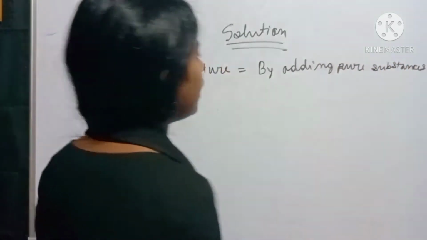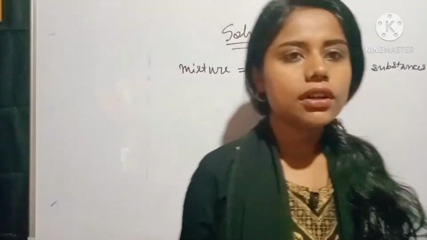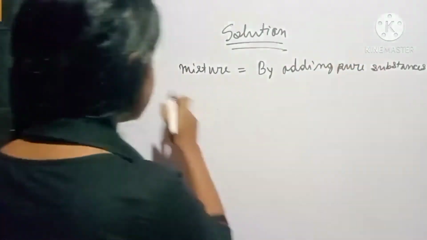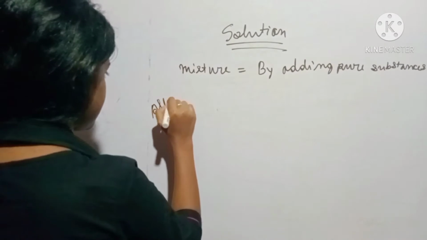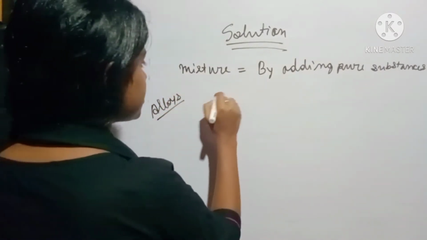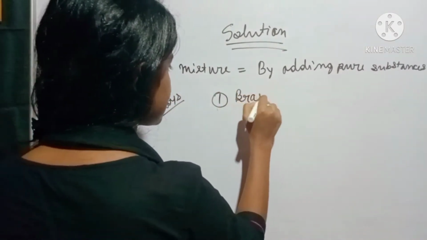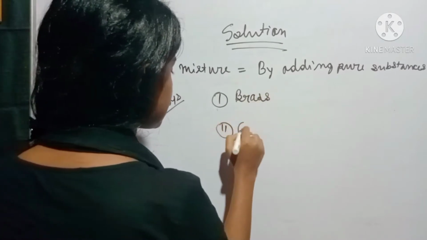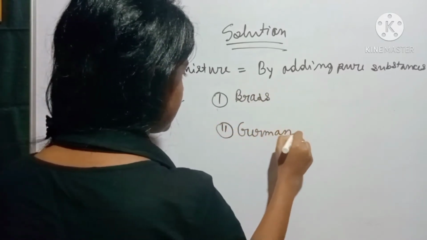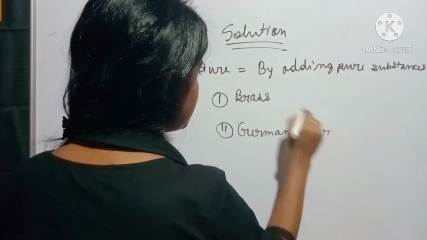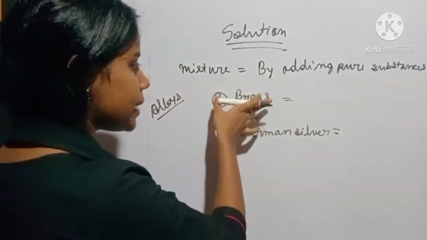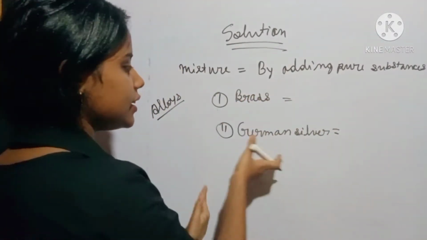Let me give you an example of a mixture. We know that there are some alloys. First of all, brass, and second, German silver. We know that the properties of brass are completely different from German silver.